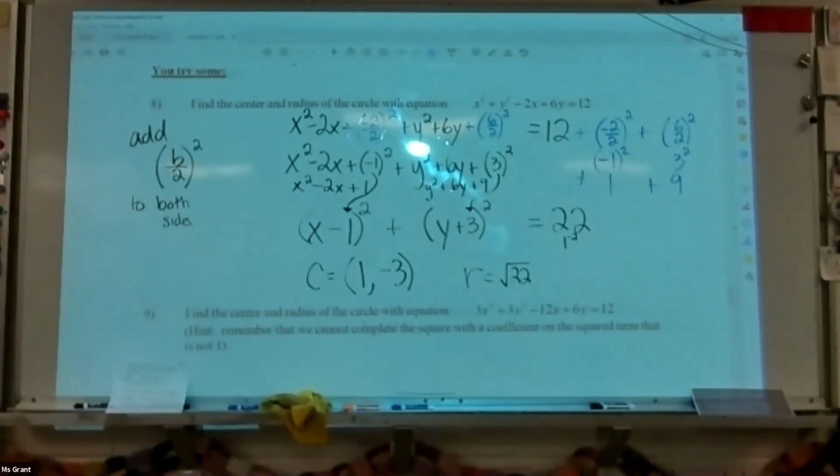I'm going to go to number 9. Okay, this is our third completing the square problem. All right, number 9.